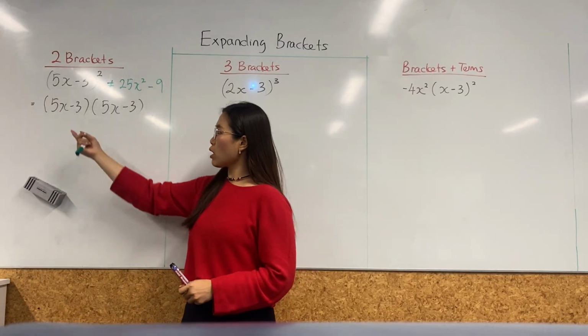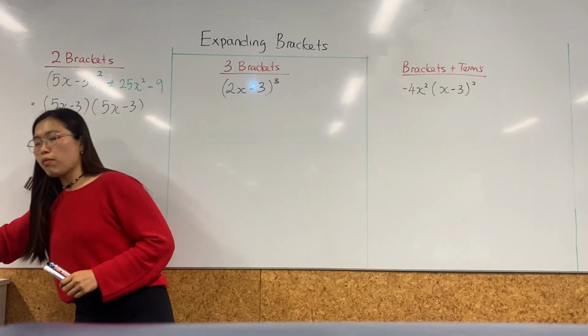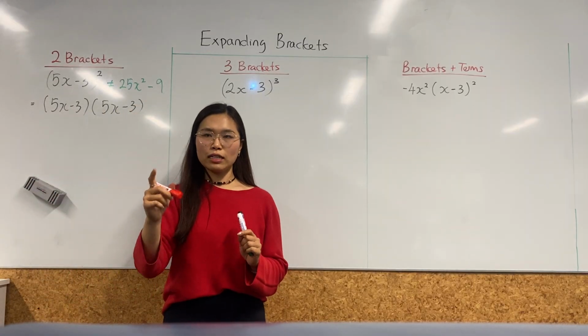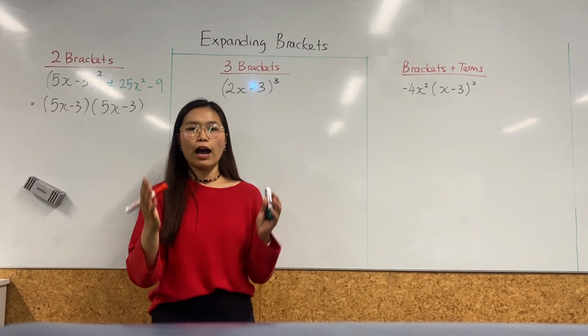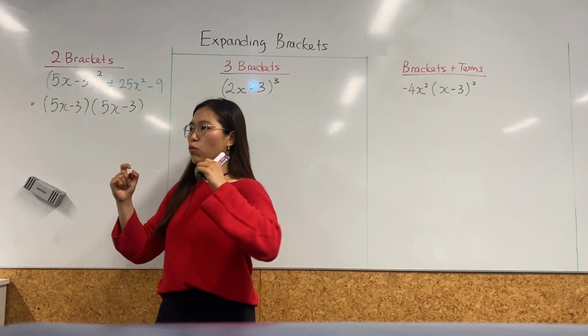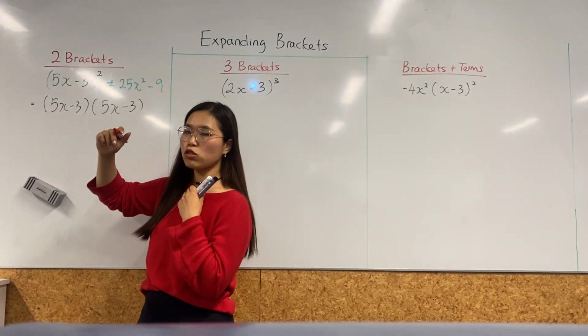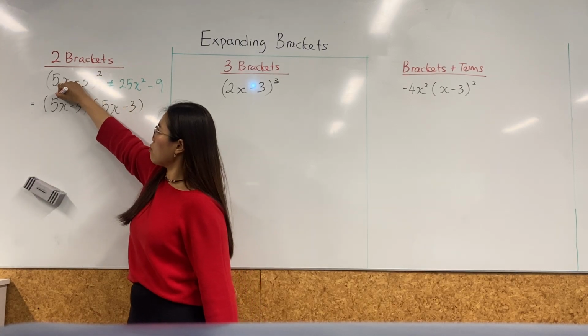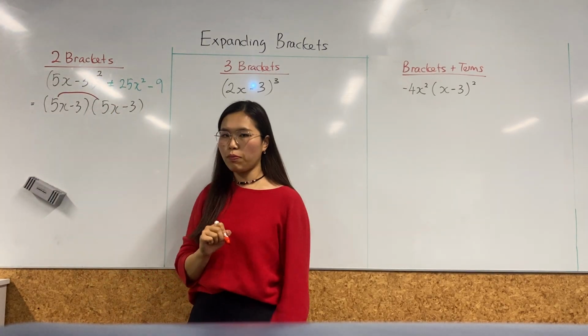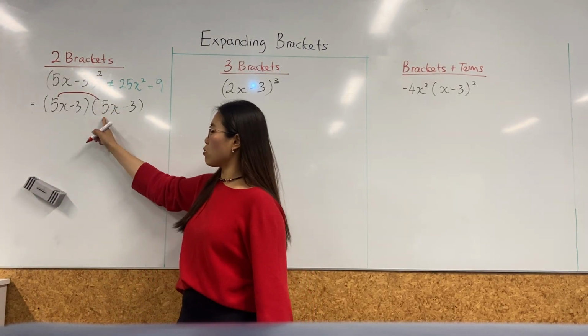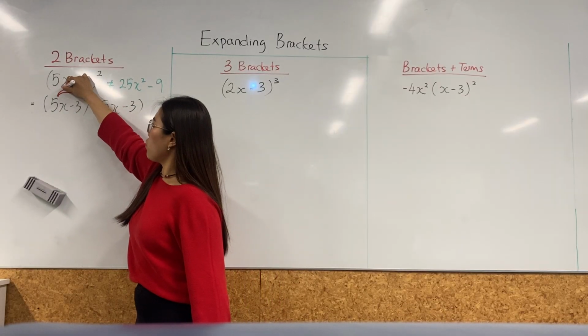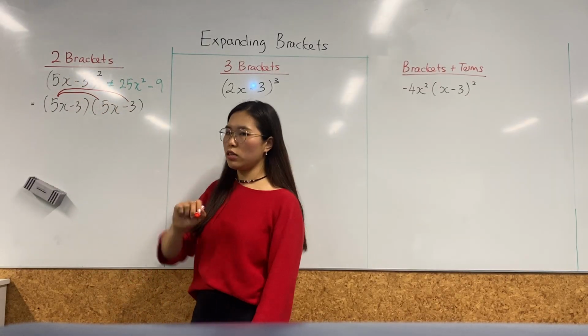Okay. Once you have two brackets coming out, I always suggest people draw lines and have a good structure with how you're going to draw your lines. So what I mean by a good structure and good sequence is how I like to do it. I always start from the first term going to the first term at the back. So 5x times 5x. Second one, I go 5x times negative 3.